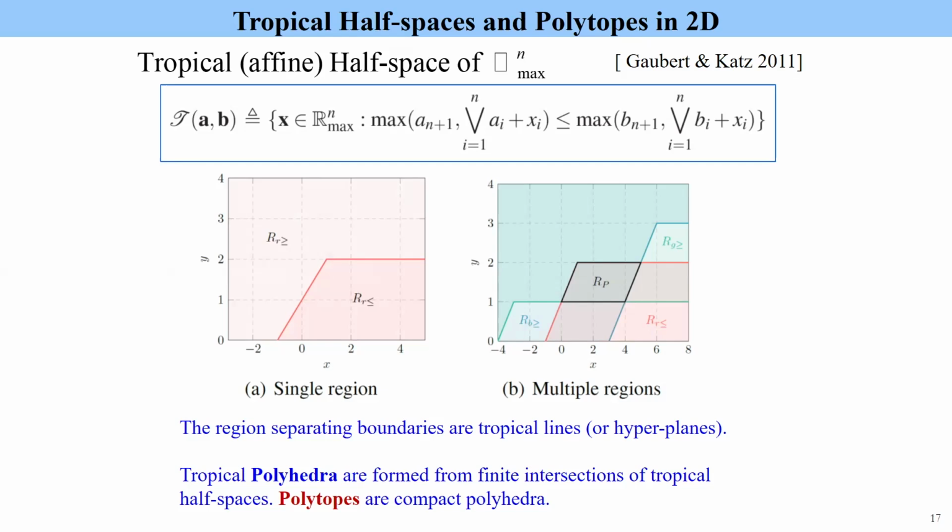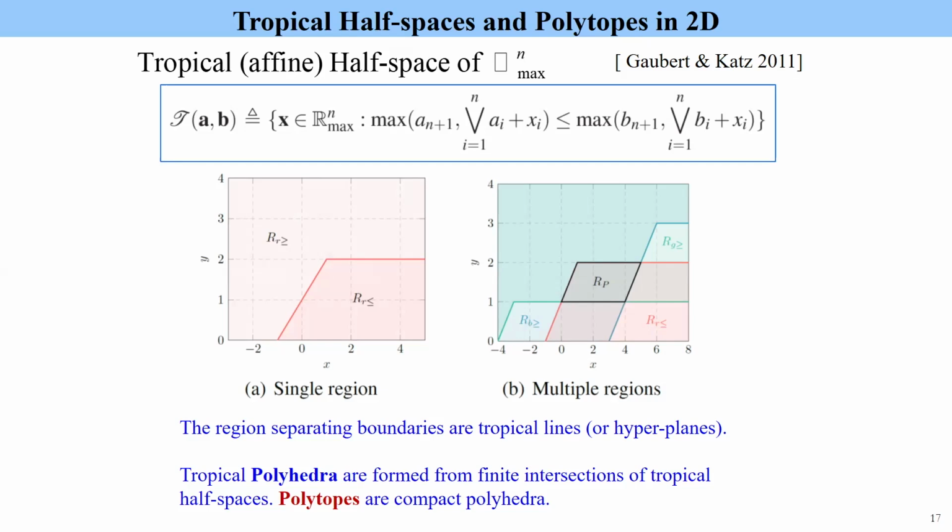On the left, you see, let's say, a tropical line separating the plane into 2 regions, and then several tropical lines creating lots of pairs of tropical half spaces, and their intersection creates polytopes.